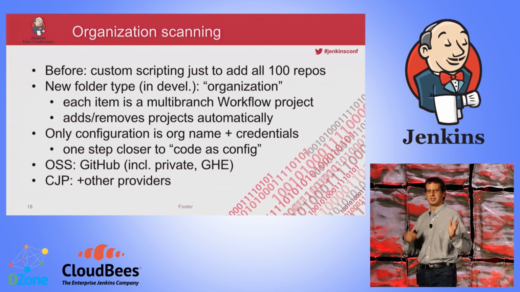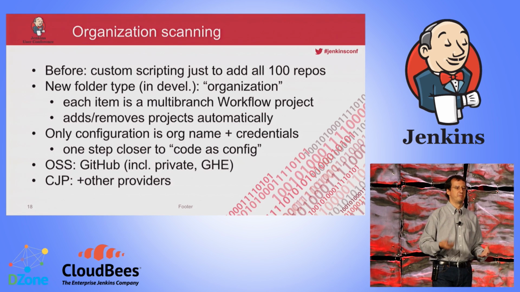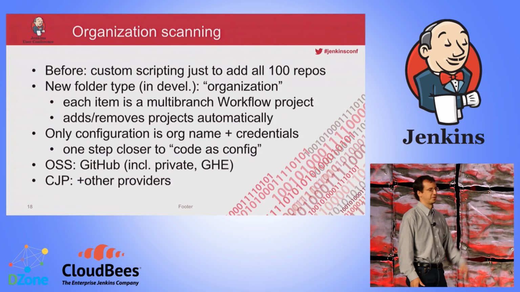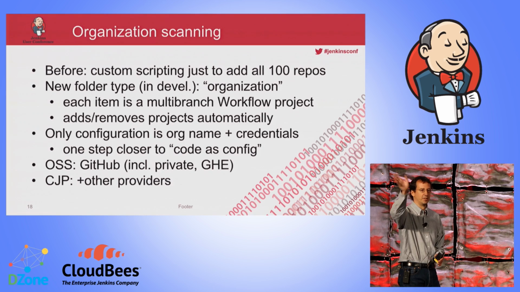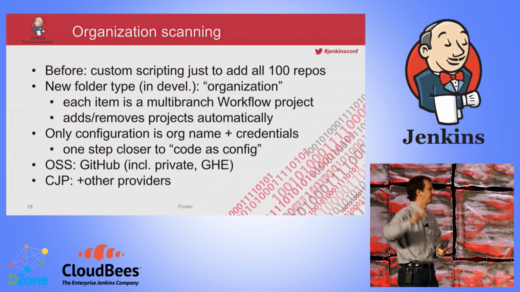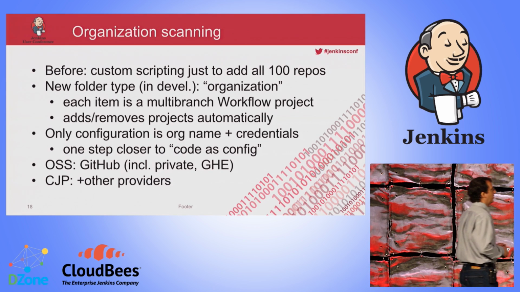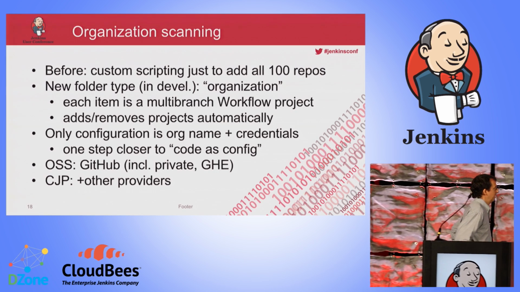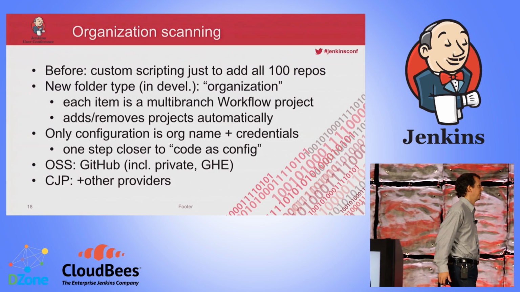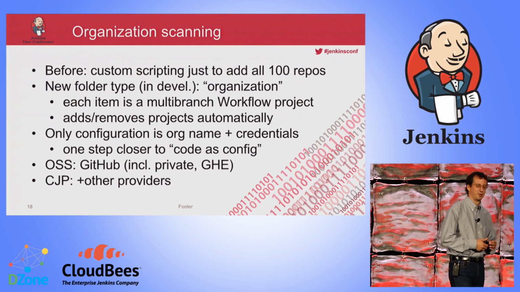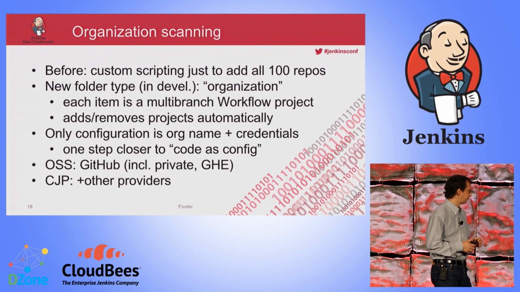And you don't want to have to go into Jenkins and set up a fresh job every time you want to add a new microservice. You just want to say, here, Jenkins, here's new stuff, go and take it. So we're creating a new plugin whose name is still to be determined, but I'll just call it organization scanning for now.